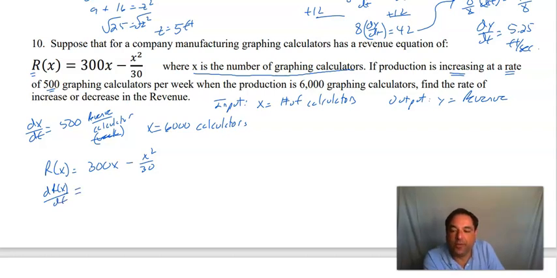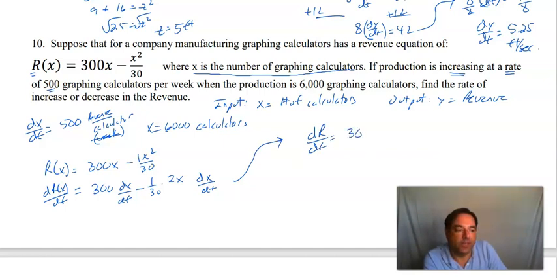So we're going to take the derivative of 300x, which is 300, derivative of x with respect to time, minus, this is 1 over 30, so we pull that 1 over 30 in front. Then the derivative of x squared is 2x. Again, that is the derivative of x with respect to time. So when we clean this equation up, we have the derivative of revenue with respect to time.